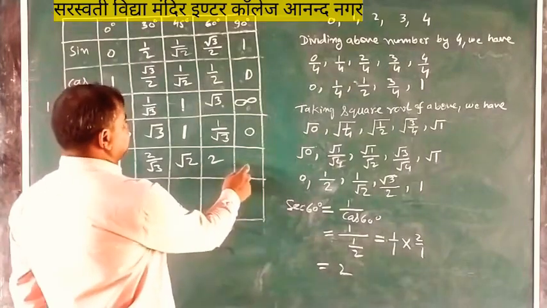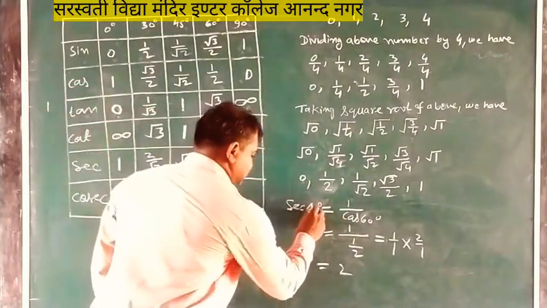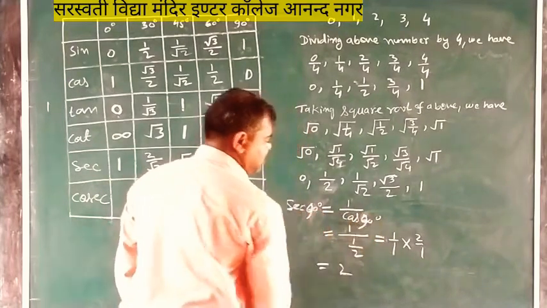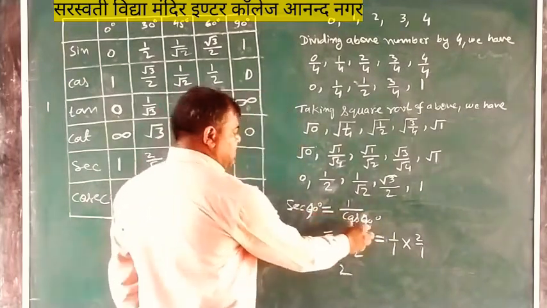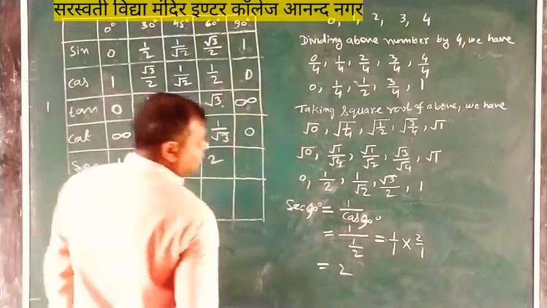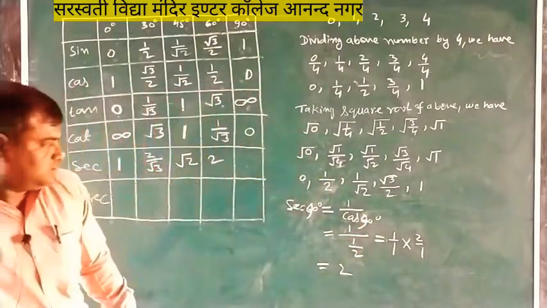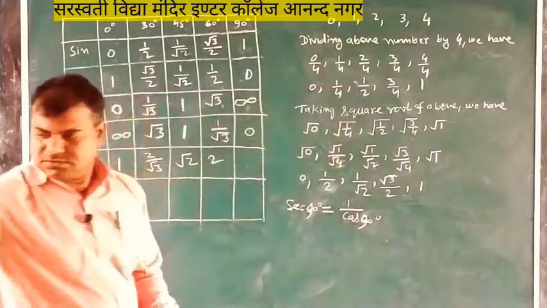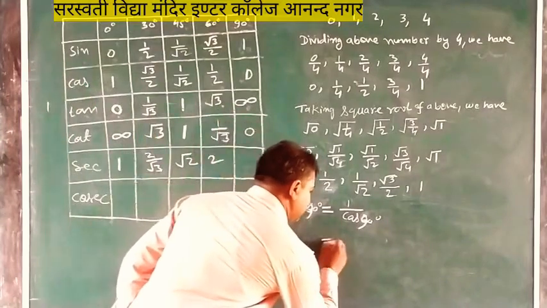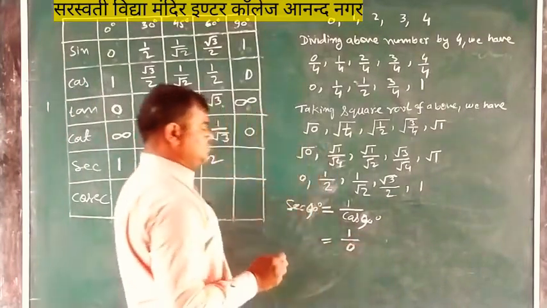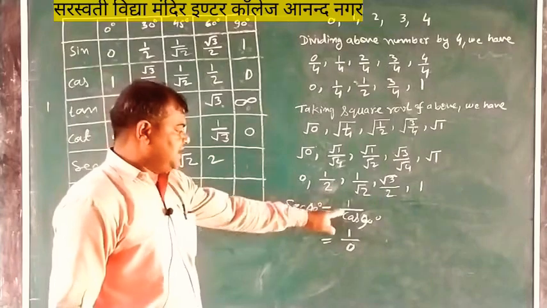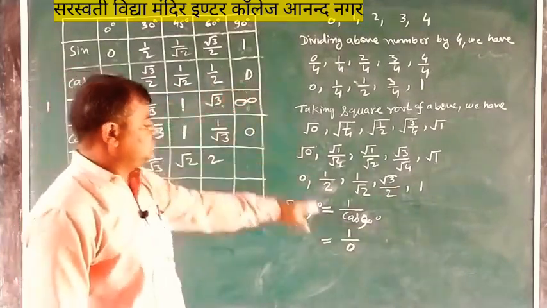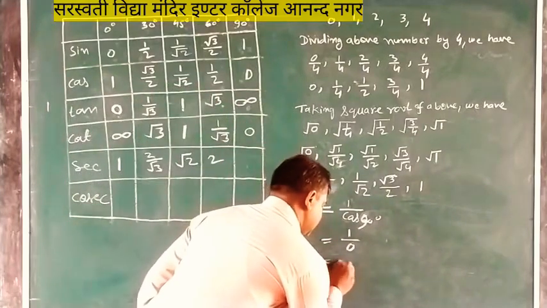And last, sec 90 degree. See here, sec 90 degree is equal to 1 by cos 90 degree, and this is 1 as such, and cos 90 degree here is 0, then 1 by 0, and its value is infinite.